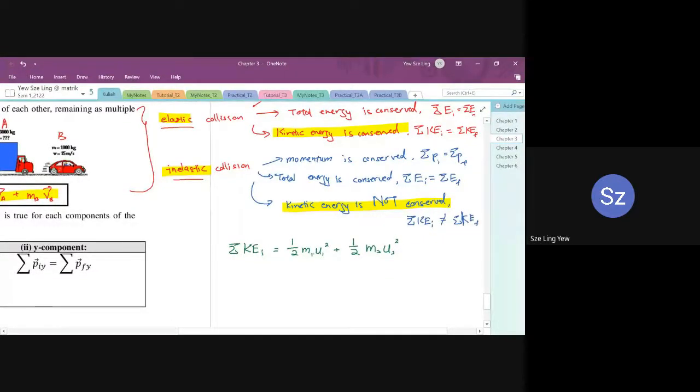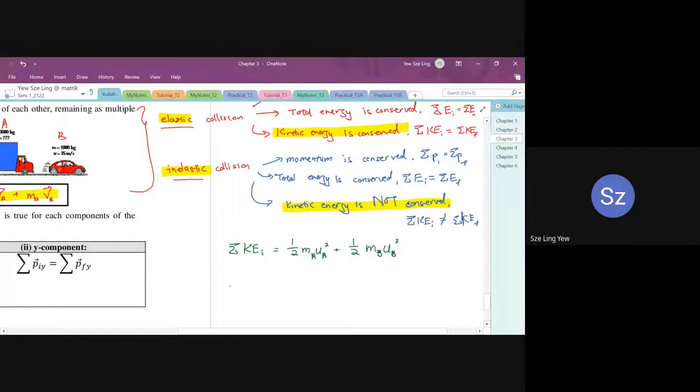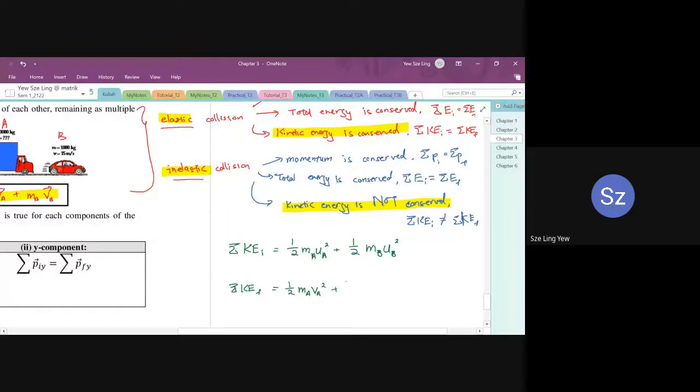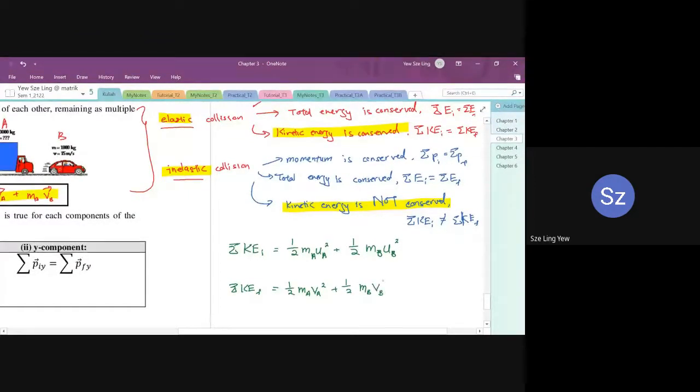Or you're used to B and A already, right? So we change it to A and B. And then you calculate summations KE final, so 1 over 2 MA VA square plus 1 over 2 MB VB square.